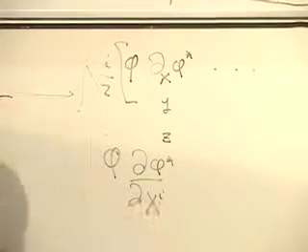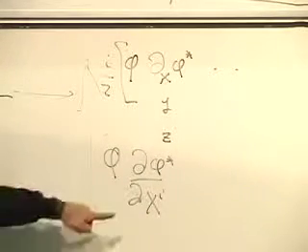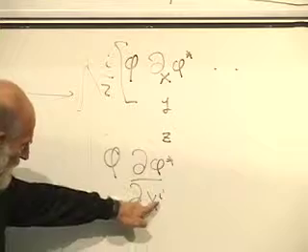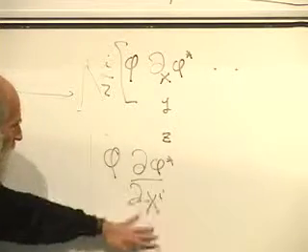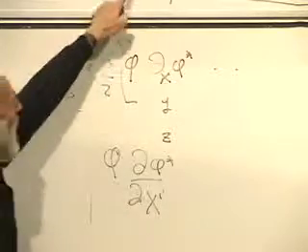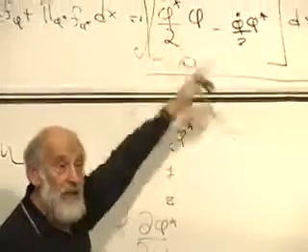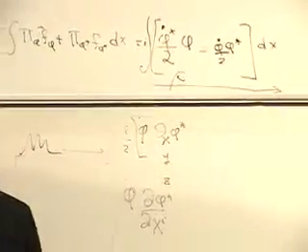That's a thing now that has a vector index. This has a direction in space. It could be derivative with respect to x, y, or z. When you combine it with the derivative with respect to t, you get 4 components.